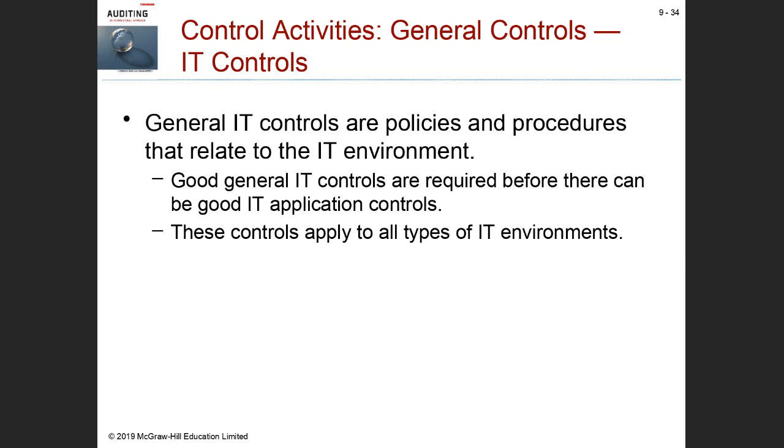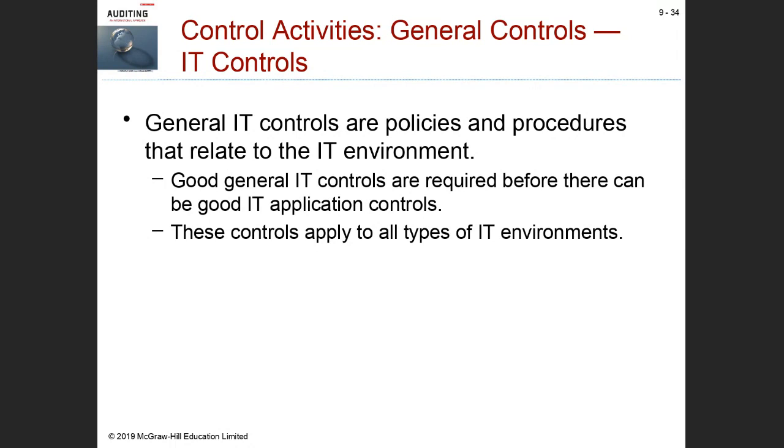And within IT controls, we can talk about general IT controls and detailed IT application controls. By detailed application controls, we mean what are the IT controls over the sales system, right? The application system is the sales system. What are the IT controls over the purchases system?